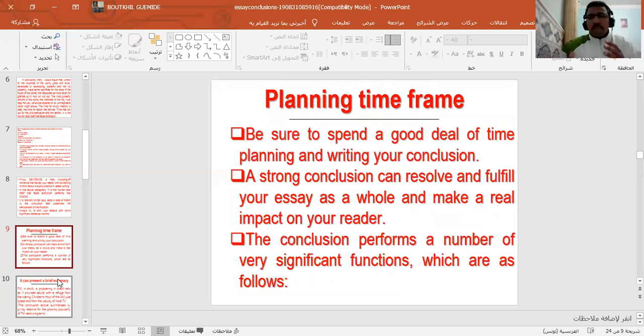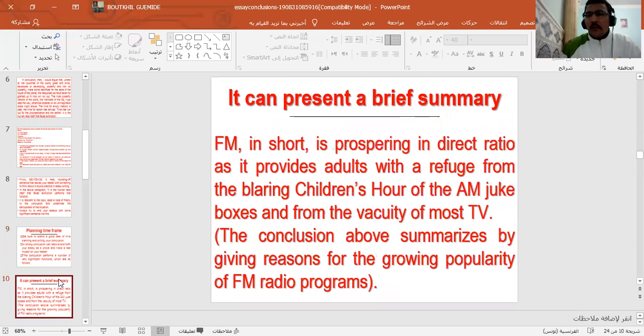So, generally speaking, writing a conclusion of the essay is to serve a number of significant functions, which are as follows. So what is the role of the concluding paragraph?